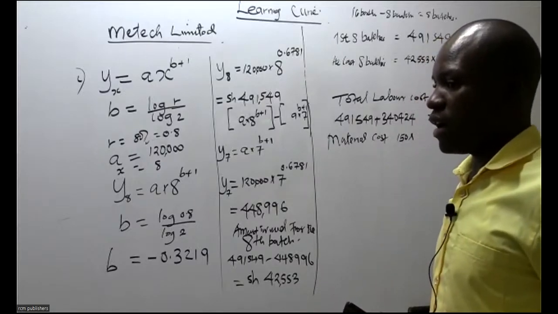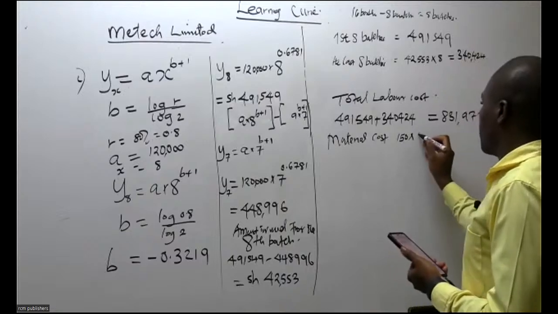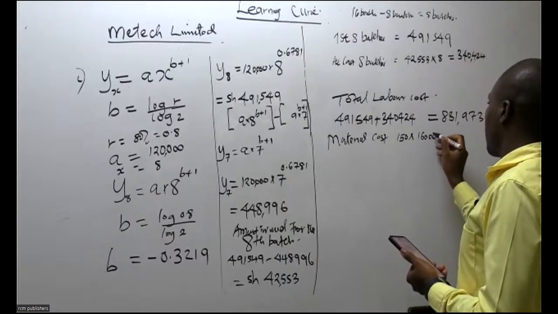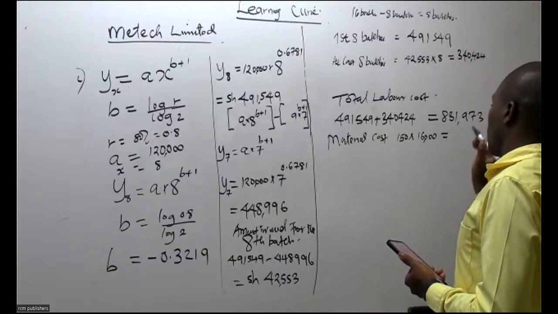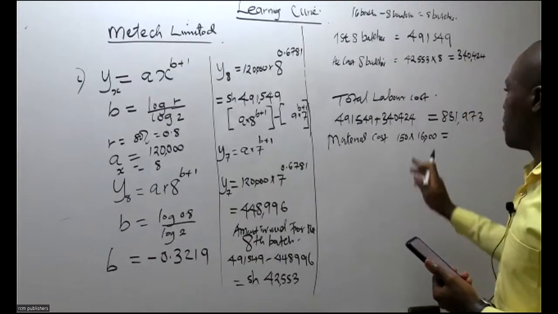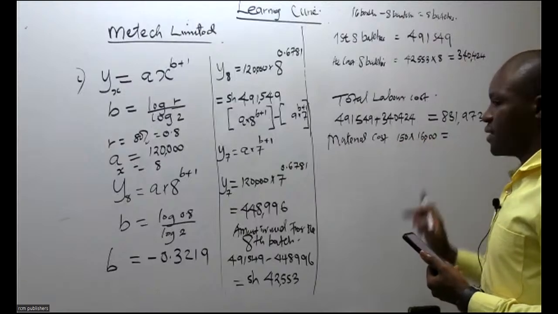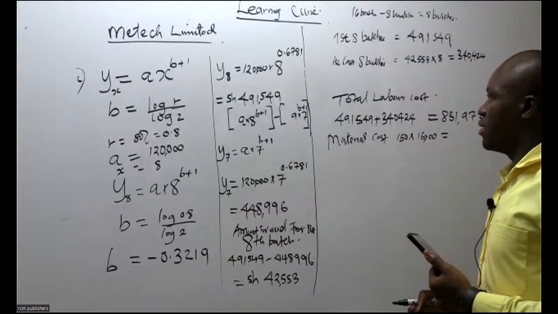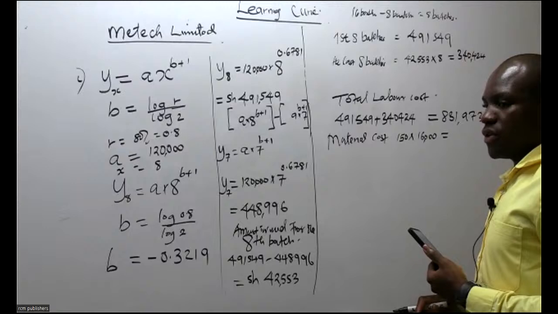How many units do we have? We have a total of 16,000 units which were placed into batches. So how much will be our total material cost? Total material cost, 150 by 16,000. What will be our total material cost?